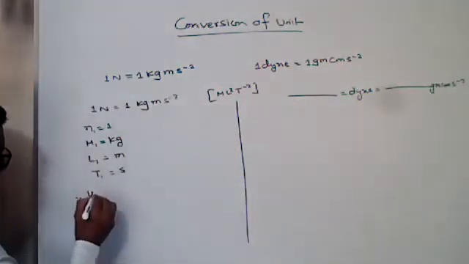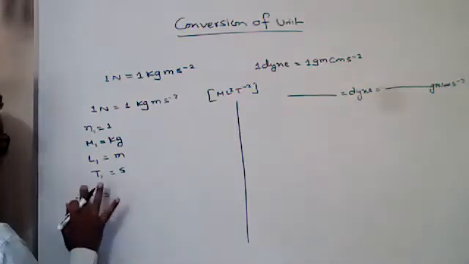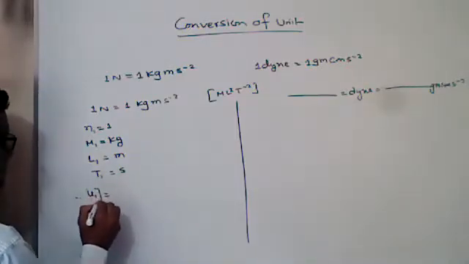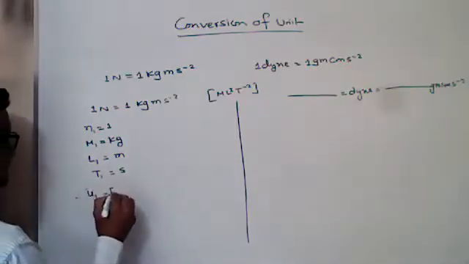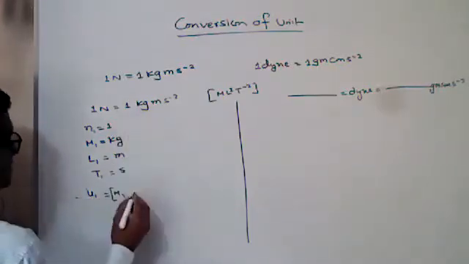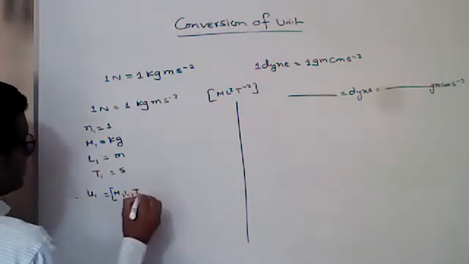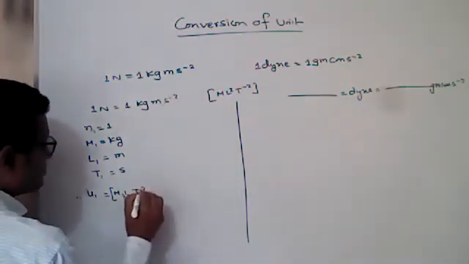So now we can write U1 equals M1 L1 T1 inverse 2.